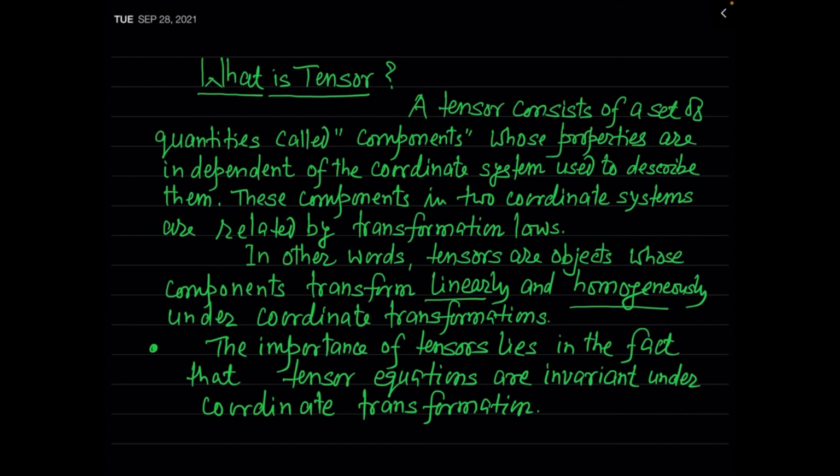Whenever your aim is to test the invariance of a physical law, you must first of all express the law in tensorial form and then try to prove the invariance of that particular law. In fact, as I have told you earlier, tensor analysis is simply the generalization of vector analysis.